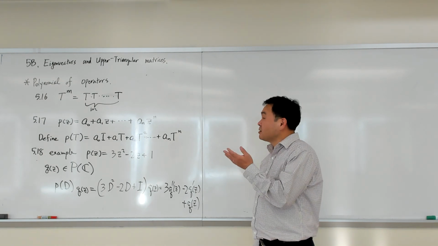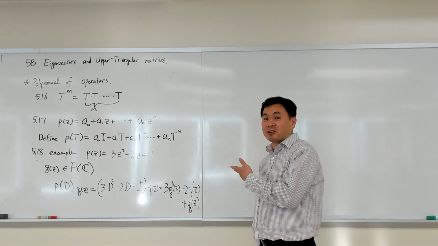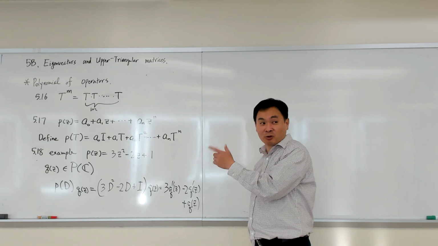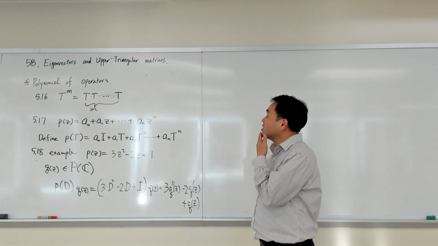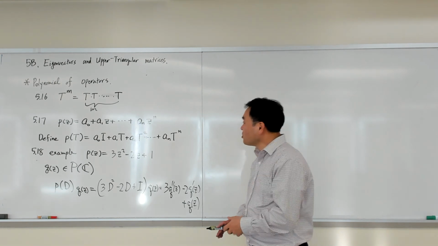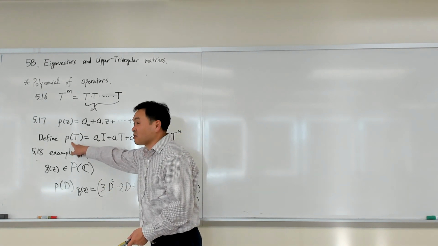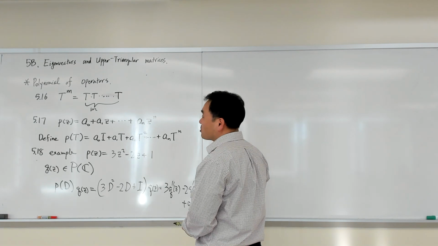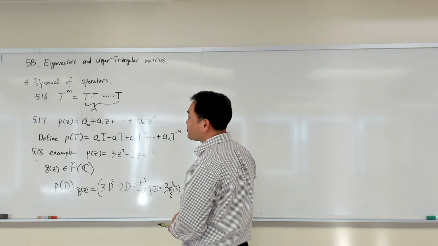However, if you only have T and T, they commute, right? So if you only talk about things that look like this, then we can commute them. So I want to talk about that.